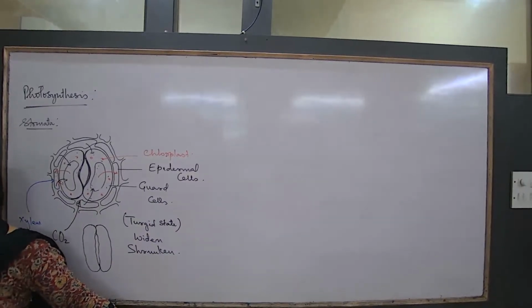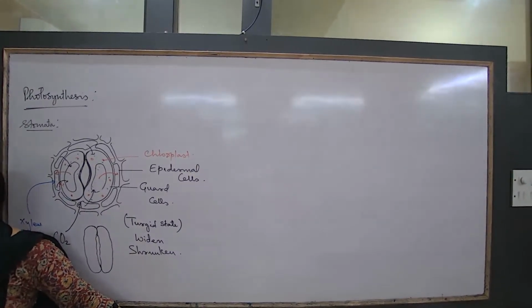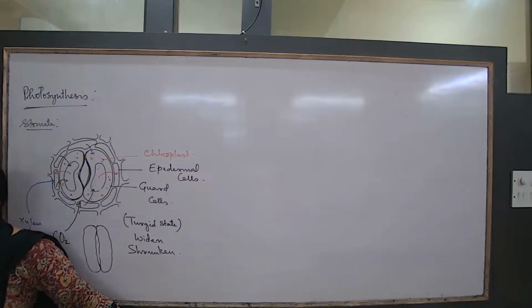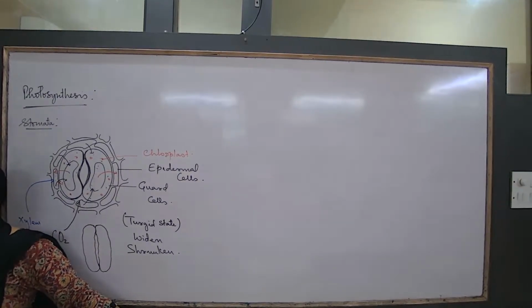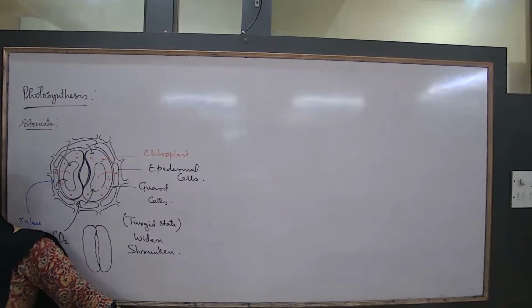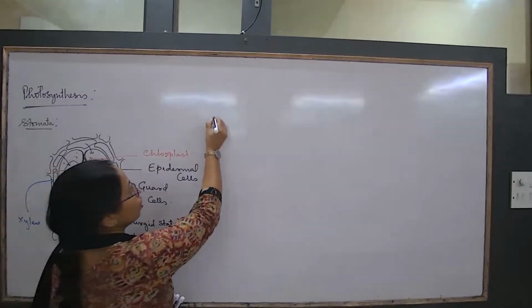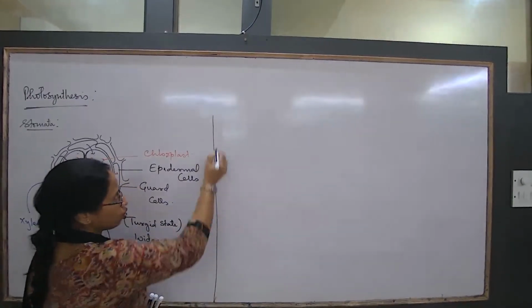Last point. The space between the guard cells become narrow, a condition known as closed stomata.